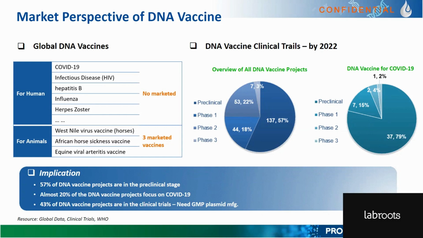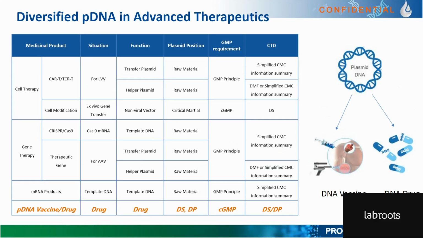As of 2022, more than 57% of DNA vaccine projects remain in the preclinical stage, while the remaining 43% are undergoing clinical trials that necessitate the use of GMP plasmid manufacturing. Nearly 20% of DNA vaccine projects are focused on COVID-19, which of course has been the major topic of discussion in recent years.